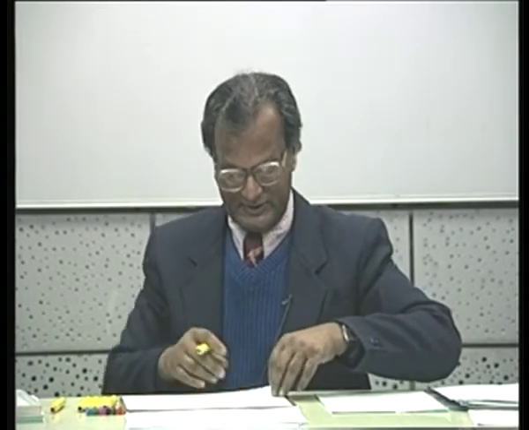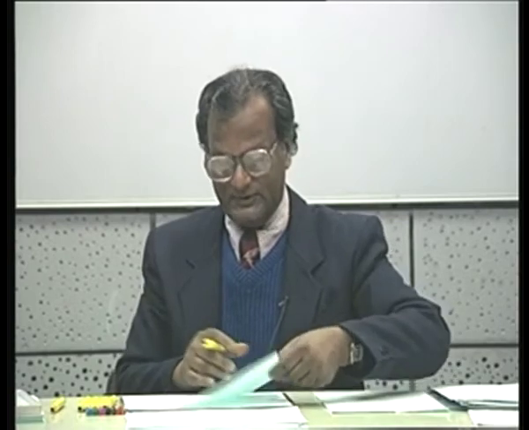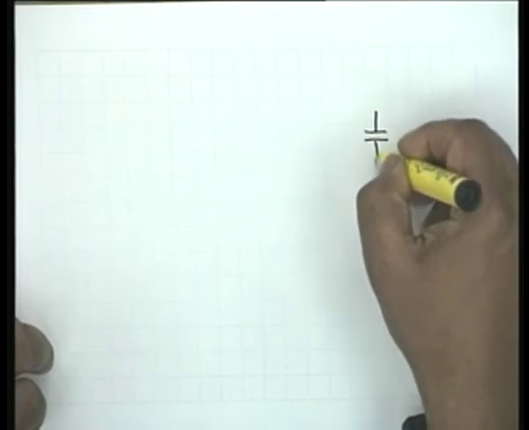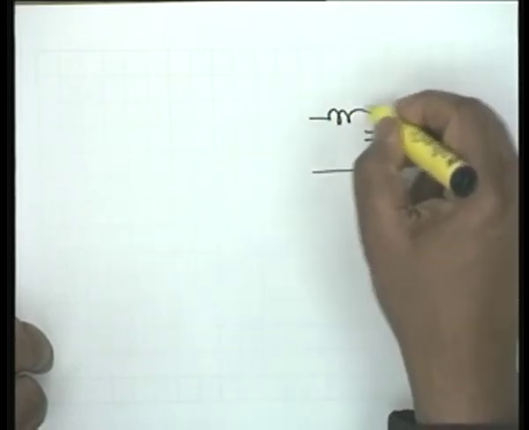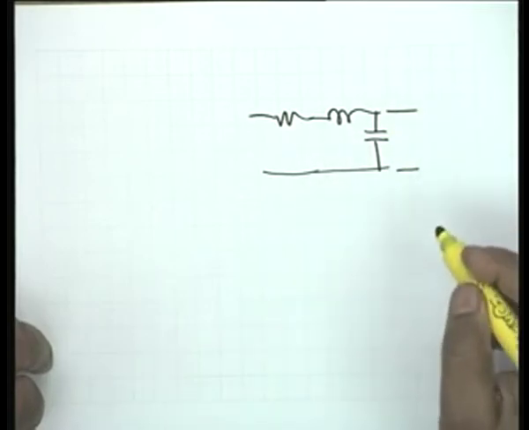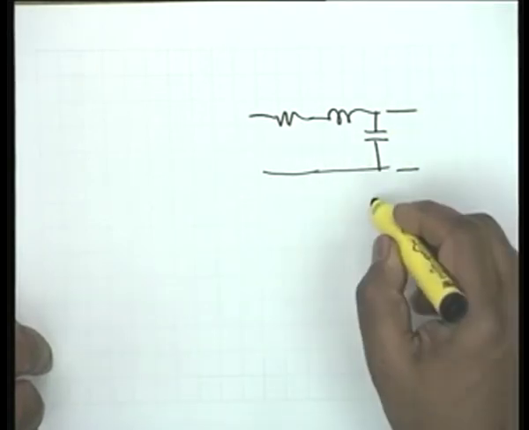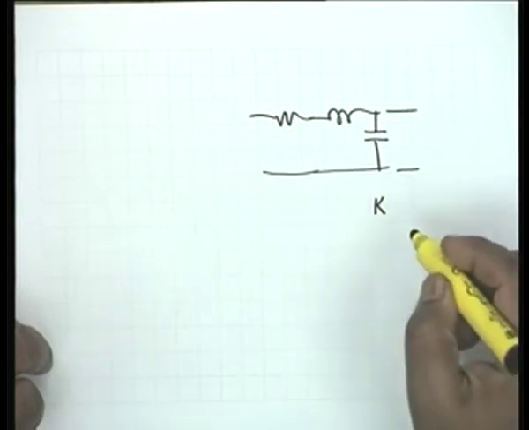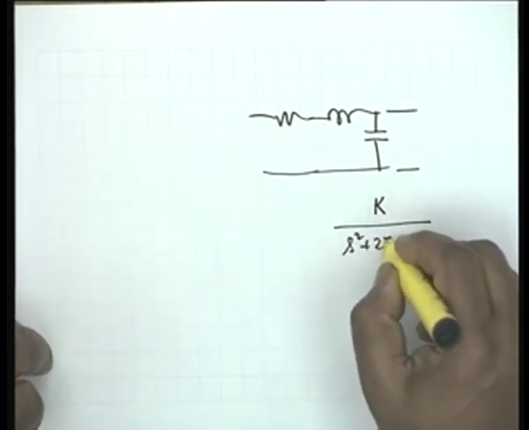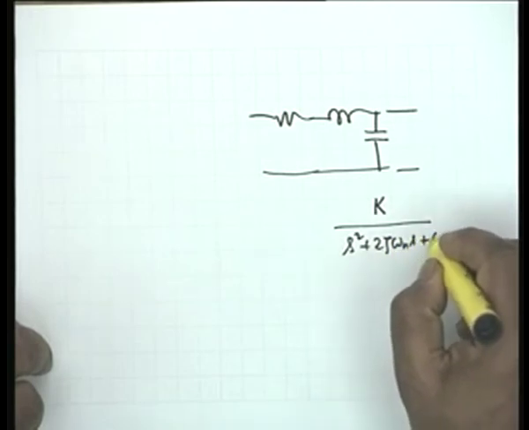In the single tuned circuit, you recall, if the output voltage was taken across the capacitor, then the transfer function was of the form some constant divided by s squared plus twice zeta omega n s plus omega n squared.